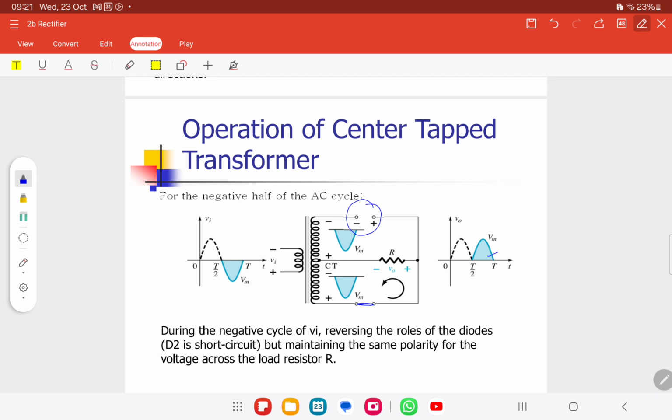cycle. After rectified, sebelum rectify dia duduk bawah, after rectified dia akan jadi atas. Okay, ni lah sebelum rectified, this one is after rectified.